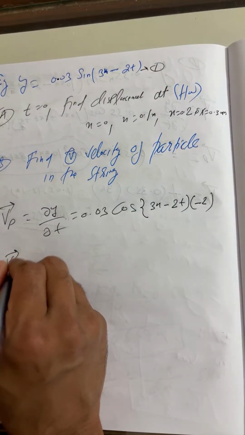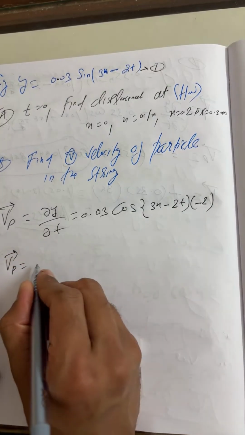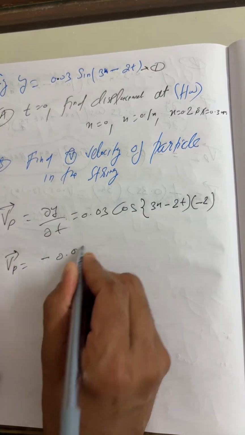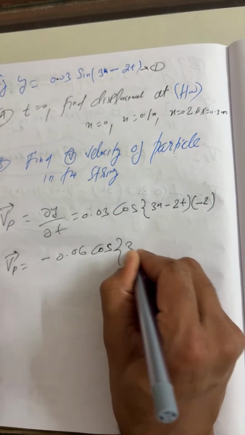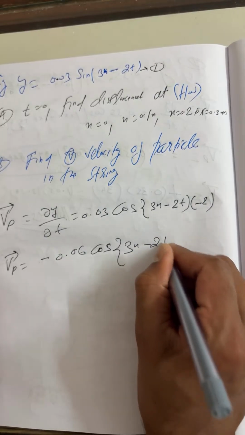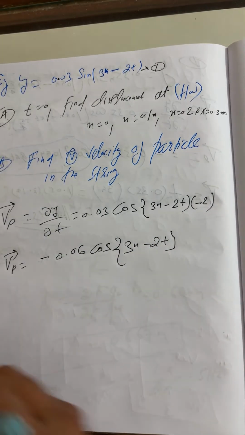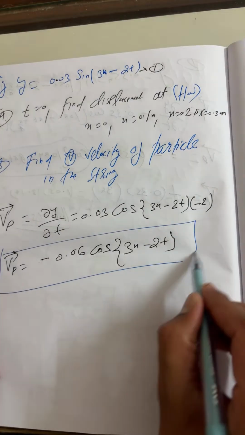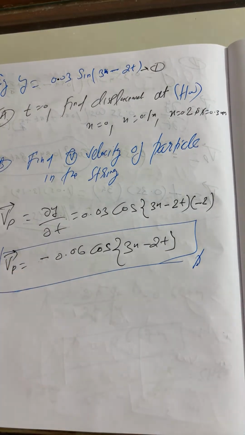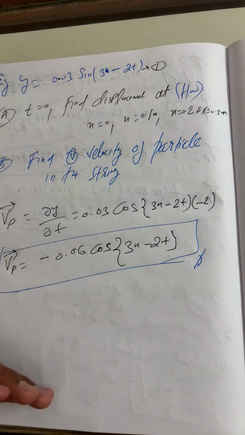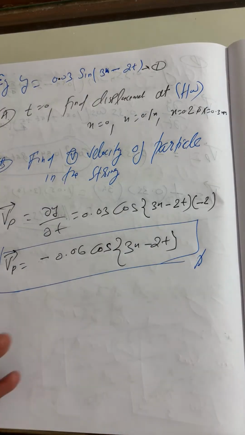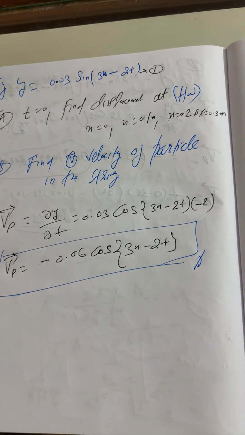So finally, the velocity of the particle is minus 0.06 into cos(3x minus 2t).